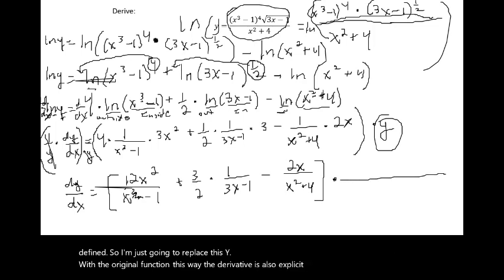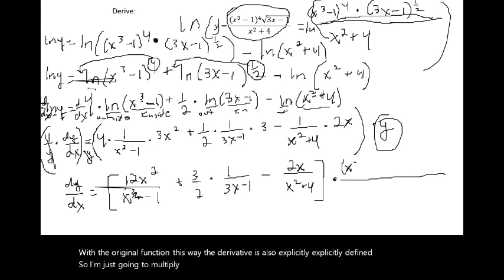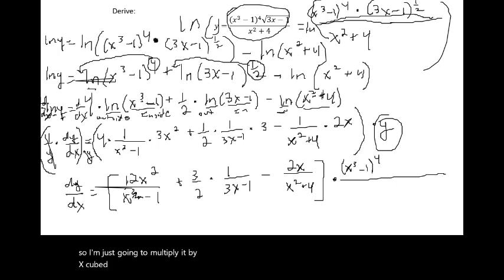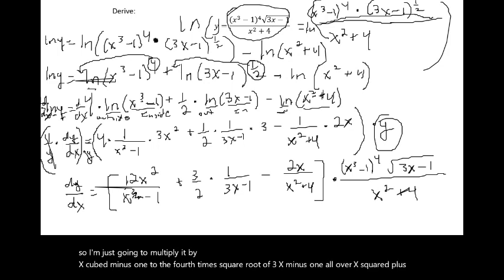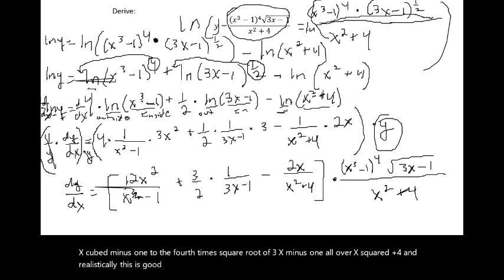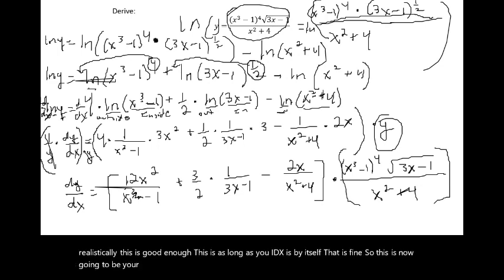So I'm just going to multiply it by x cubed minus 1 to the 4th times the square root of 3x minus 1 all over x squared plus 4. And realistically, this is good enough. As long as dy/dx is by itself, that is fine. So this is now going to be your final answer.